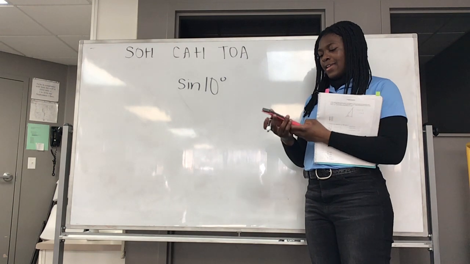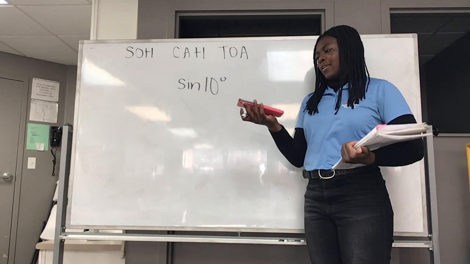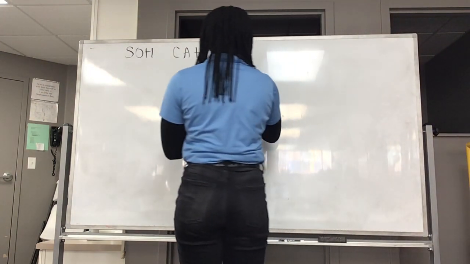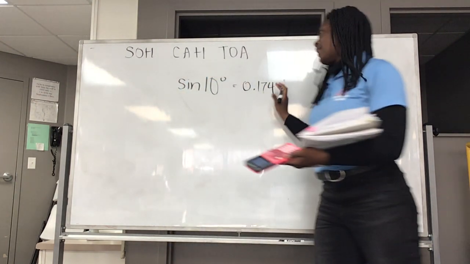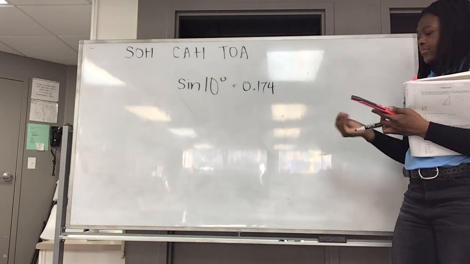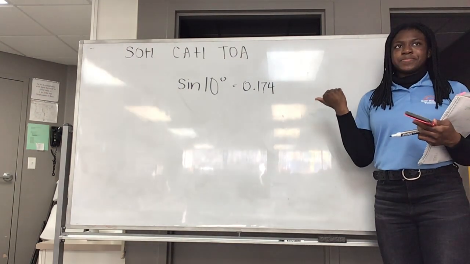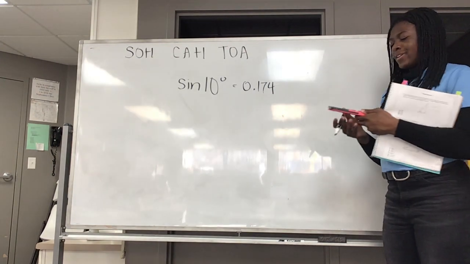Press sine and then type in 10. You can close the parentheses and then press enter. And you should get 0.174 rounded to the third decimal spot. Did everyone get that answer? Okay, if you got that answer, then your calculator is in the right mode, so that's good.